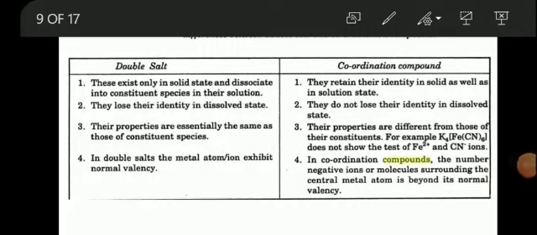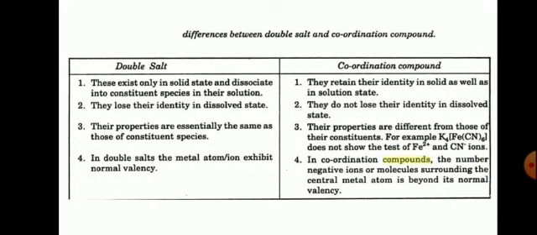Further, the difference between double salt and coordination compound can be understood by its chemical test. For example, in a double salt, the properties of the constituent ions and the double salt will be the same. If it is dissolved in aqueous medium, the properties will still be retained.